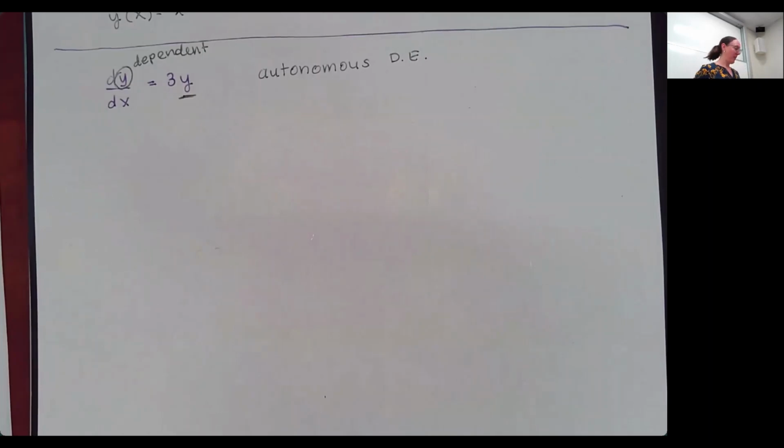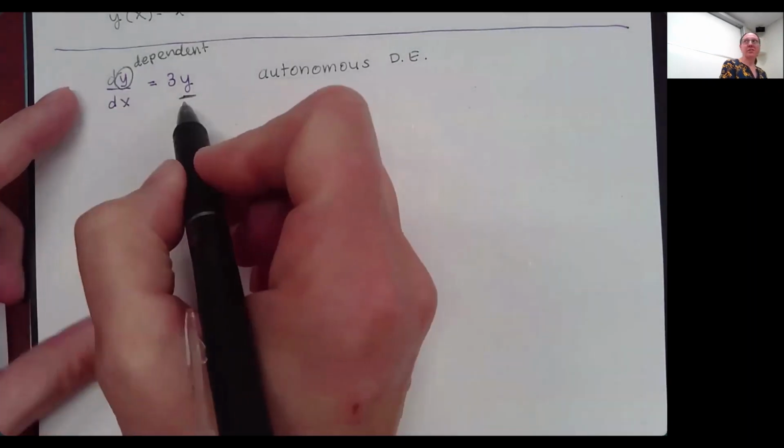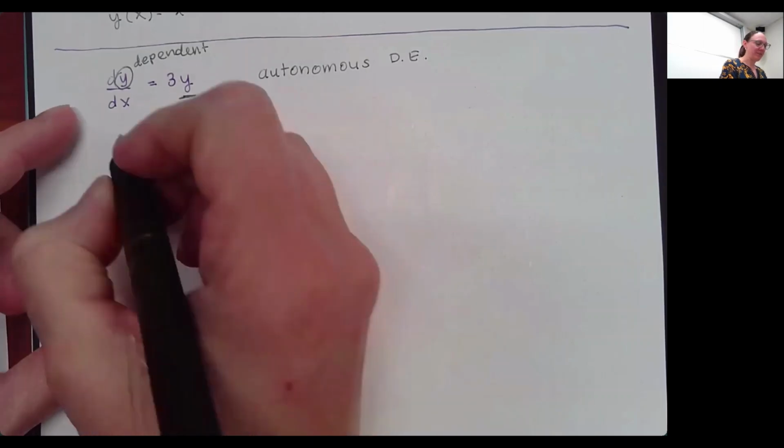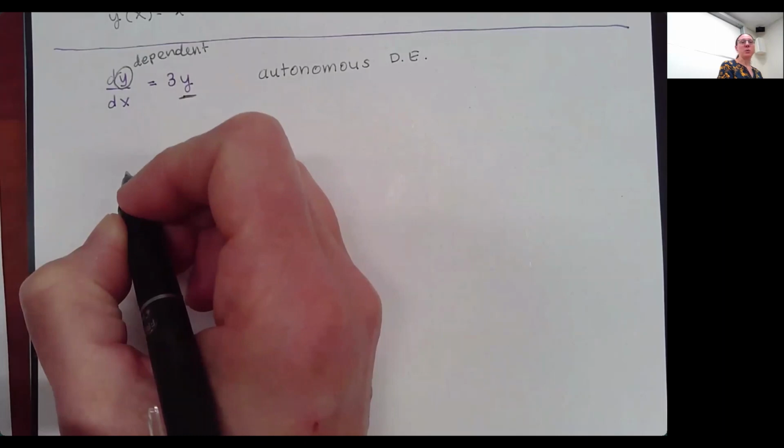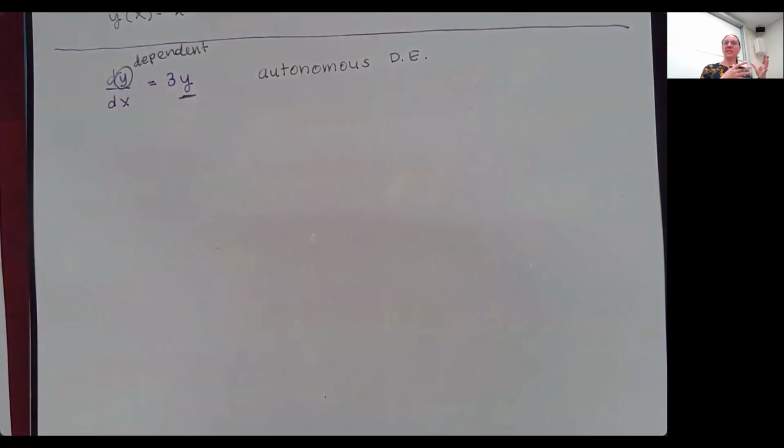But for right now, the ones I put on the sheet, we can actually explicitly solve for. But to do that, we have to do a little bit of algebra first. And that's why we call these separable, because what we're actually going to do is separate the y's to one side and the x's to the other side.